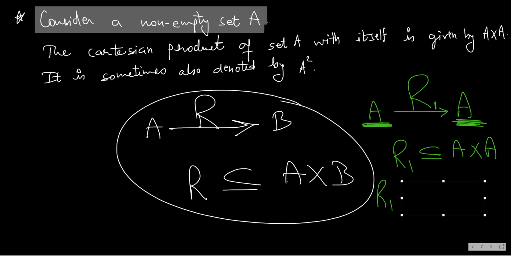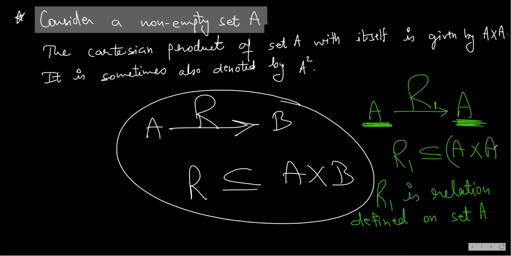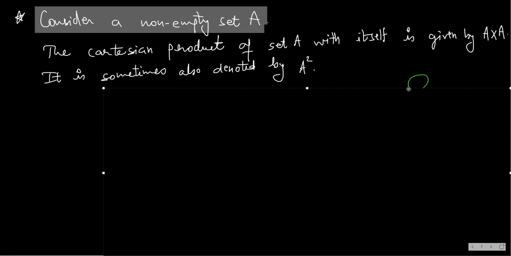So I will say R1 is a relation defined on set A. What does it mean? It means R1 is a subset of A cross A. So I will write this in detail here.